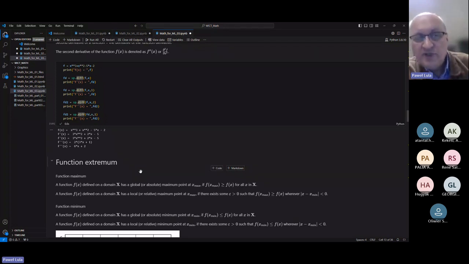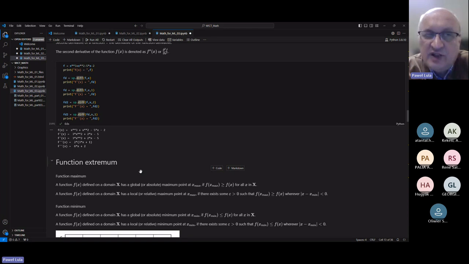So we are going to minimize or maximize a criterion function. Very often we can hear about it. I think that much more often we hear about minimizing a criterion function.